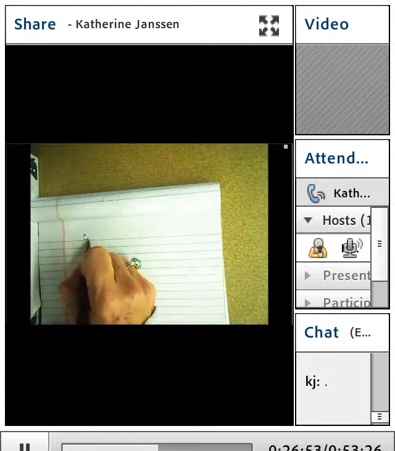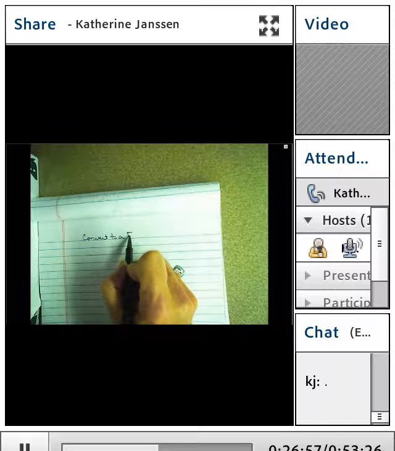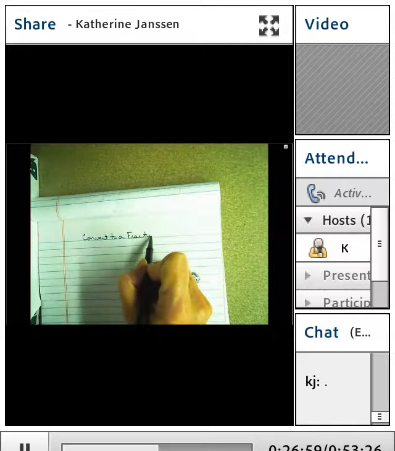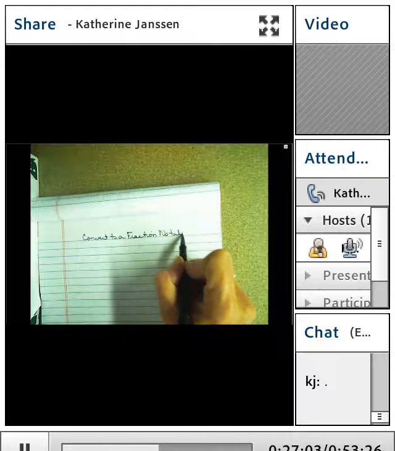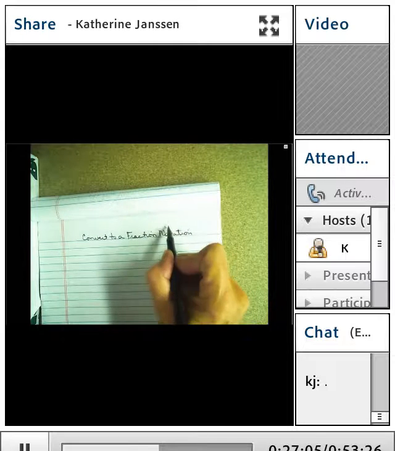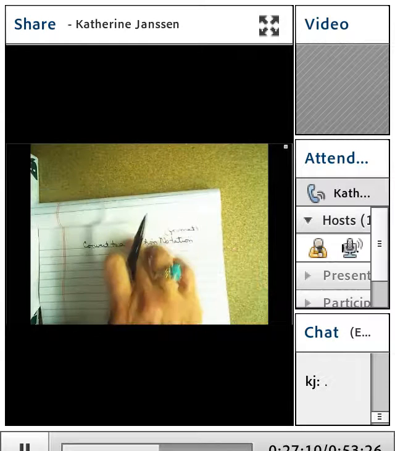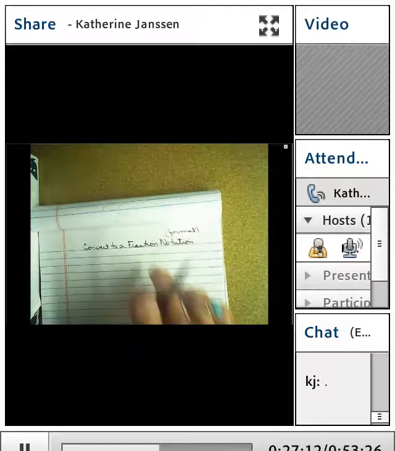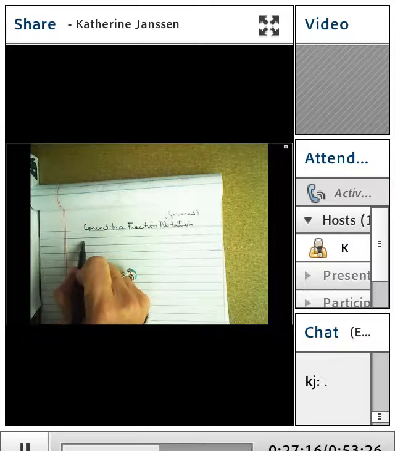Now we're asked to convert to a fraction notation. Notation is just another word for format. And fractions have a numerator and a denominator. So 2 and 3/4.